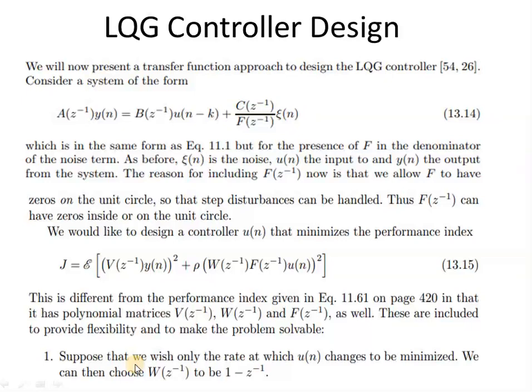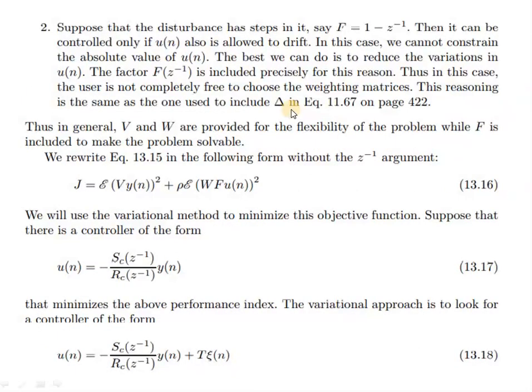While designing the controller, our main aim is to minimize the error. As the error is minimum, the control effort given by the controller is equal to 0, that is u(n-1) is equal to 0. We wish only the rate at which u(n) changes to be minimized, that is, we have to minimize this difference. That's why here we choose W(z^-1) to be 1 minus z^-1. Now suppose the disturbance comes in steps.